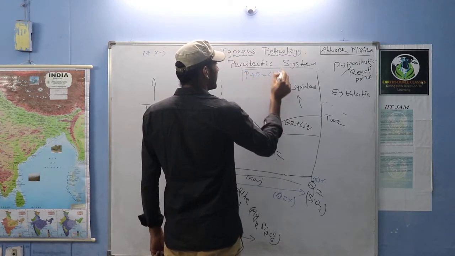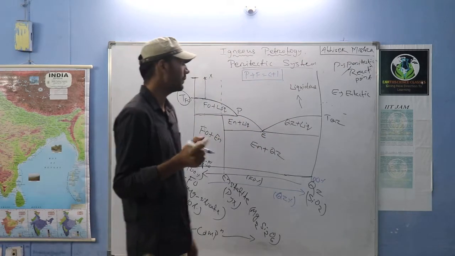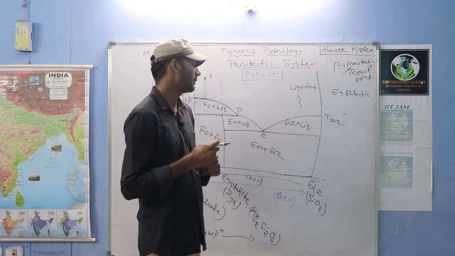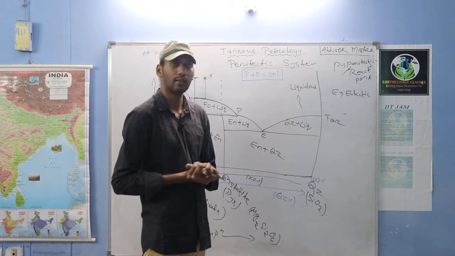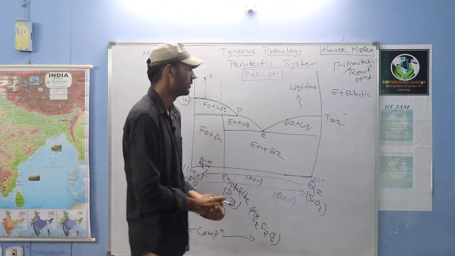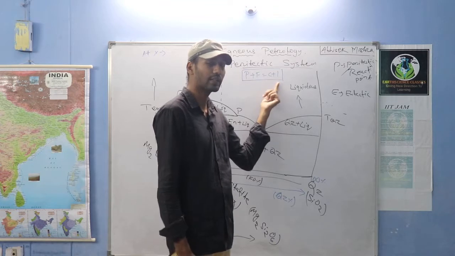I have told you P plus F is equal to C plus 2 when there are two variables, temperature and pressure. But in a magmatic or igneous system, we are taking one variable, only temperature, because we are considering the magma is fixed in its chamber and it is getting cooled. So the temperature is variable, pressure is constant.